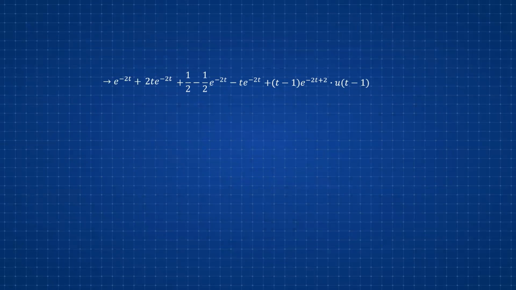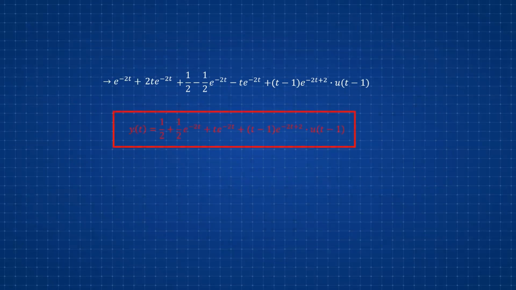We have two terms with e to the negative 2t: 1 minus 1/2 is just positive 1/2. We have 2t e to the negative 2t minus 1t e to the negative 2t, so they combine: 2 minus 1 is just 1. And everything in the unit step function remains the same.